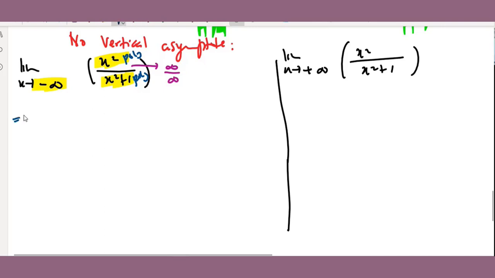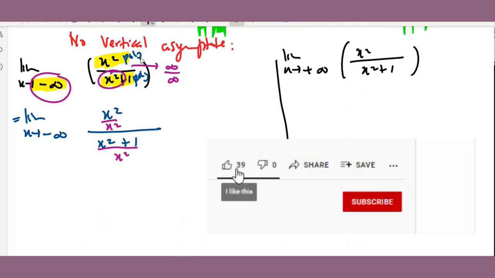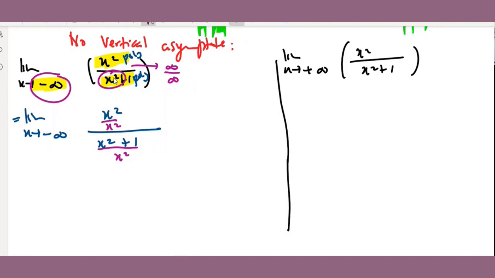When polynomial over polynomial tends to infinity, you have to divide with the highest power of the denominator. So this one, limit as x tends to negative infinity, divide with the highest power of the denominator, which is x squared. When polynomial over polynomial and x approaches a value, that's the time you need to factorize.